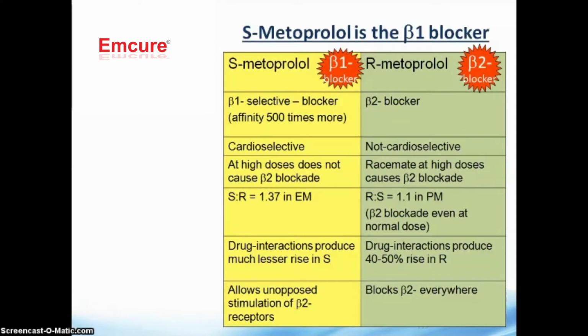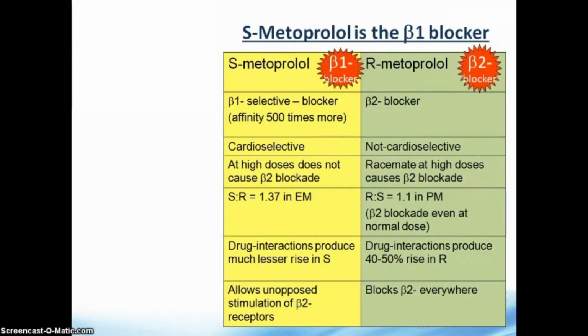Now the S to R ratio is 1:1.37 in extensive metabolizers, which means if a person is taking chirally pure S metoprolol, the amount of S isomer is always on the higher side compared to R metoprolol.